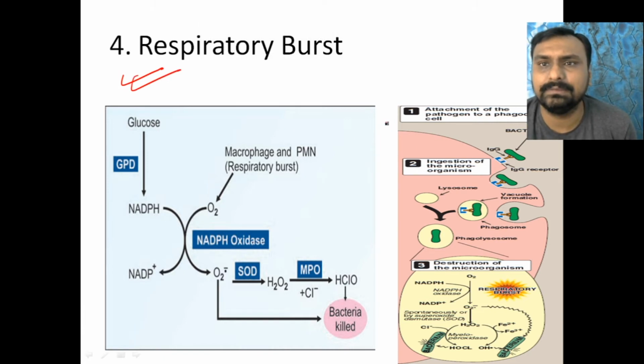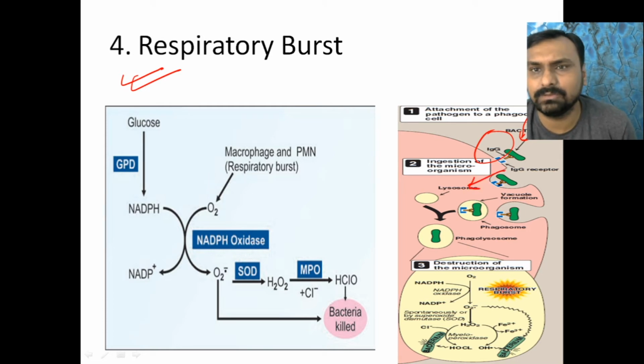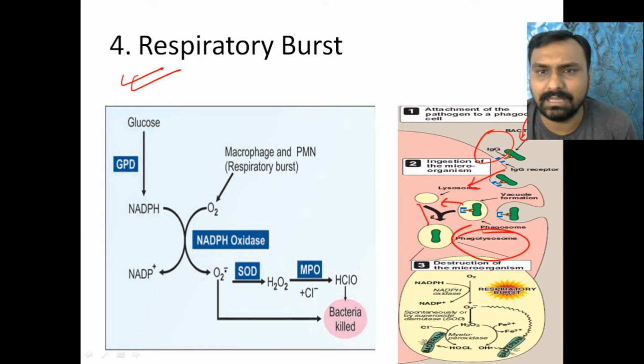What happens? Any bacteria ingested in our body is taken up by the antibody, and this antigen-antibody complex is internalized via the receptor. So a phagosome forms, and it binds with the lysosome to form a phagolysosome. Now there are enzymes.